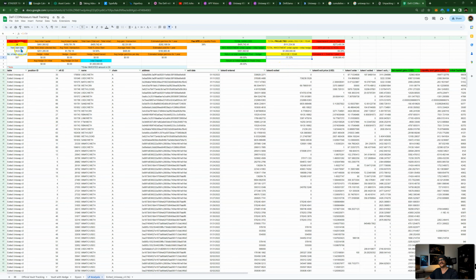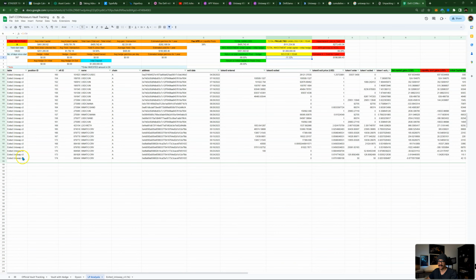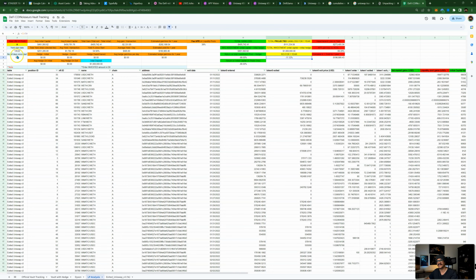All right, so we have an initial stake, which means an average initial stake, the average amount between all these liquidity pools, which they have about 184 liquidity pools that they've staked and exited since January of 2022.